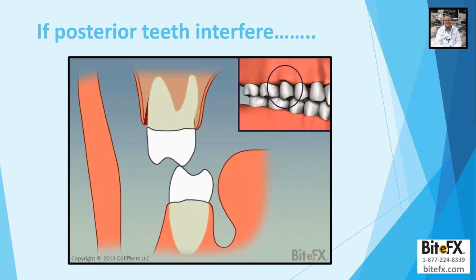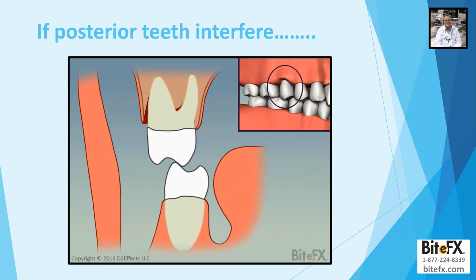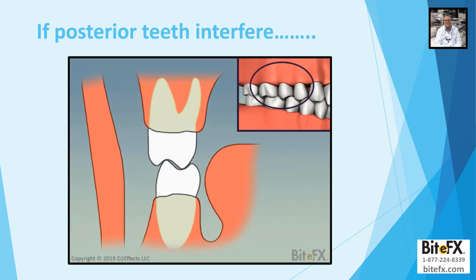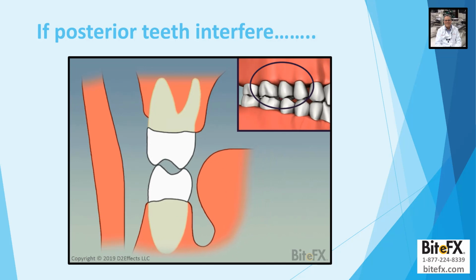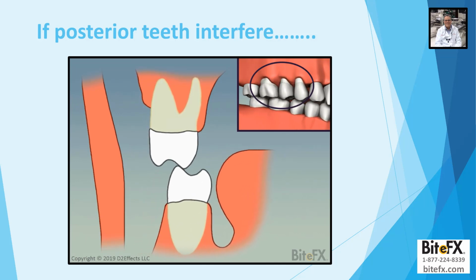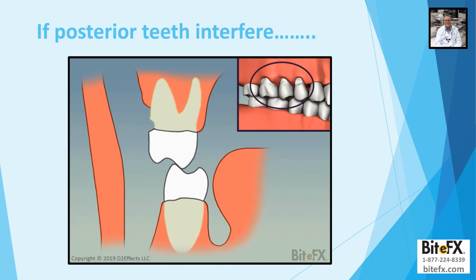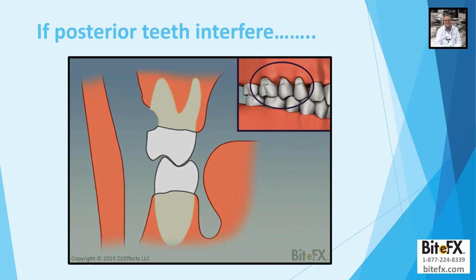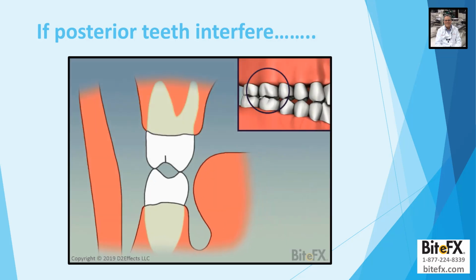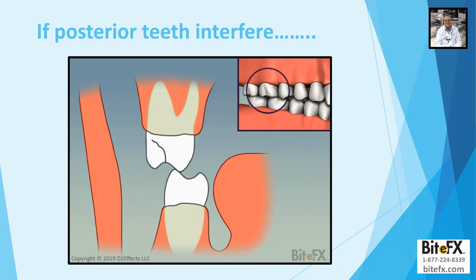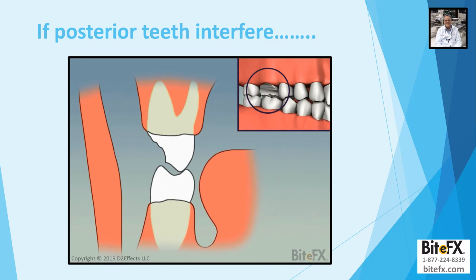You can see that we can get some mobility, picking up inner inclines on the buccal and the lingual, or we can get even abfractions as it torques the tooth and the buccal bone thins, and then we start to chip off and we get abfractions. And then lastly, we're going to show you how the teeth can crack and break. But the key to this video is to show you that the posterior teeth are rubbing and grinding back and forth.